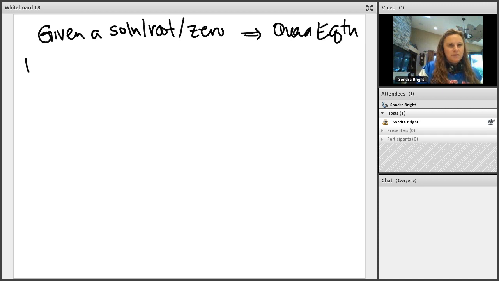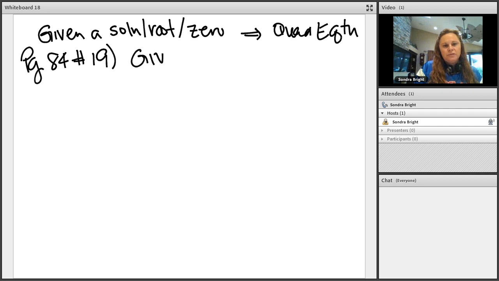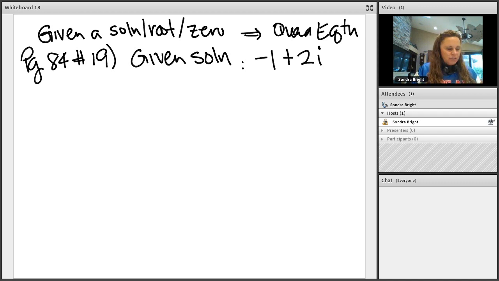One like that is page 84, number 19, and they tell you to find the quadratic equation given that one solution is negative 1 plus 2i. And so what you need to remember is that complex roots come in pairs.